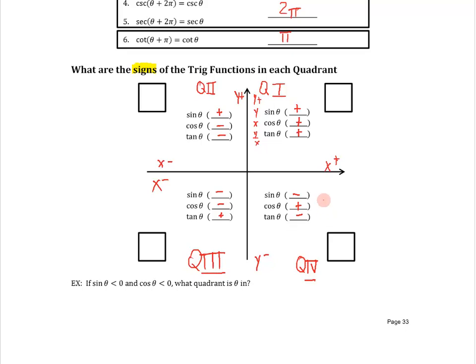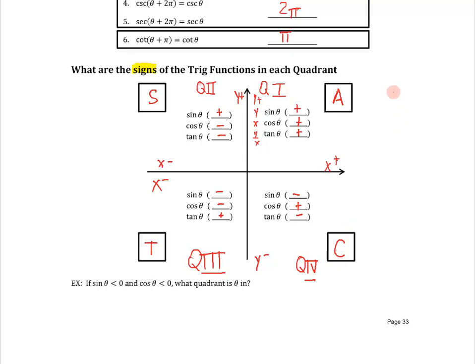So notice you have a pattern here. Up here you have all of them being positive. In quadrant 2, what do you have? Only the sine is positive. Down here in quadrant 3, only the tangent is positive. And over here only the cosine is positive.